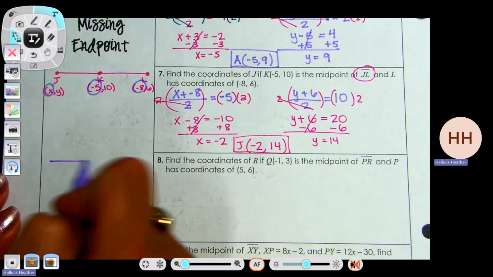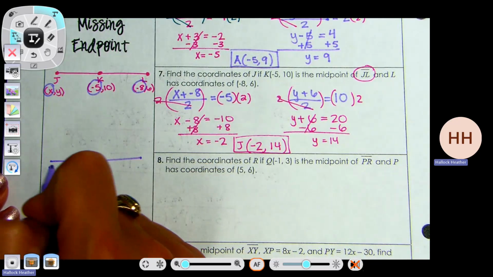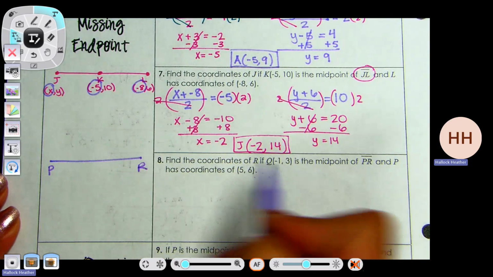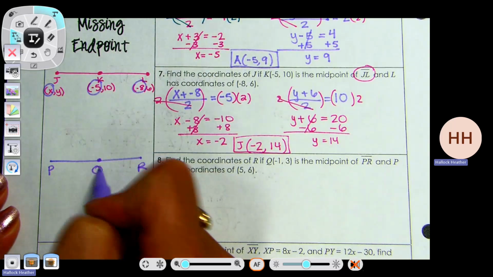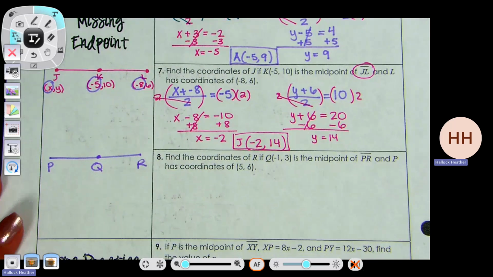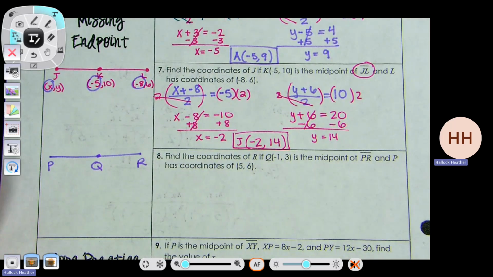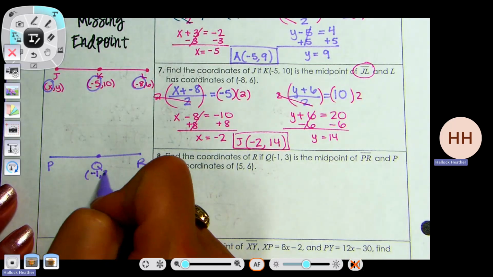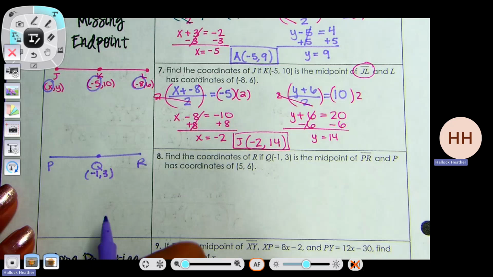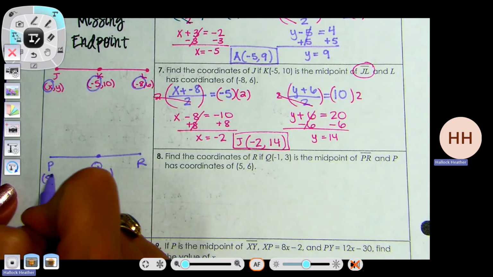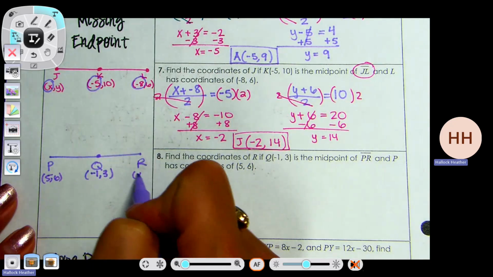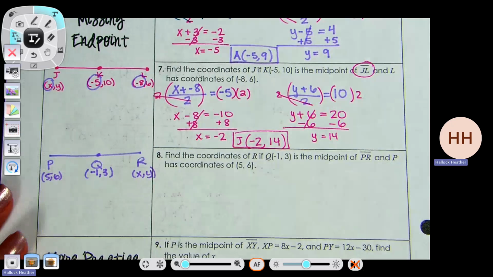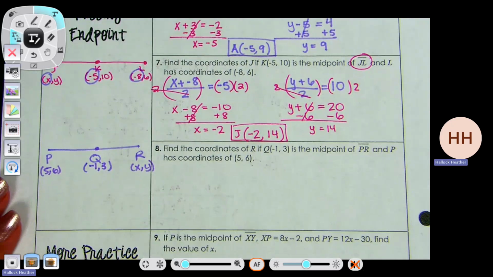So your picture should be P and R at the ends, Q is in the middle. If your picture is not right, your answer is going to be wrong. Okay, so Q is at (-1, 3). P is at (5, 6). Over here, you're calling this X and Y, which is fine. It's just the opposite, but who cares? It doesn't matter.